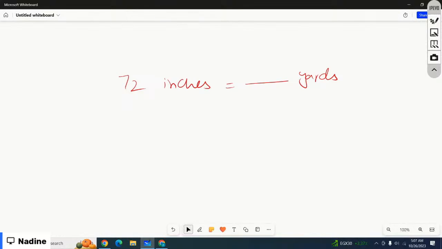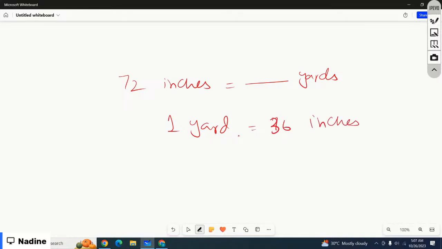We have to write a conversion factor to convert from inches to yards. So 1 yard equals 36 inches, right?